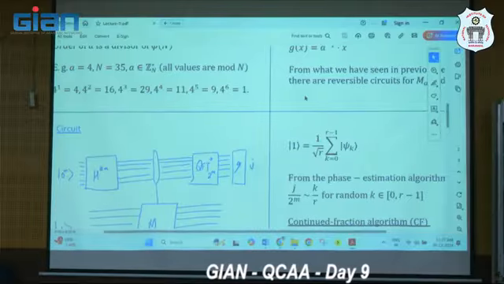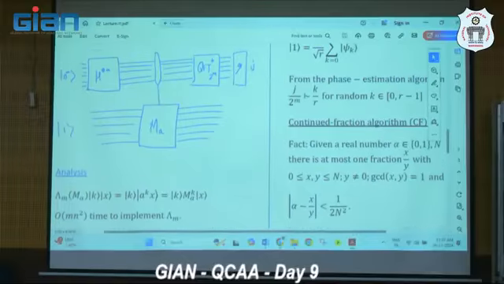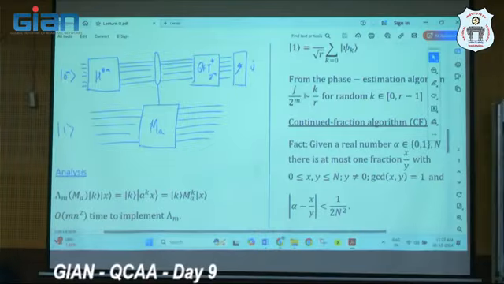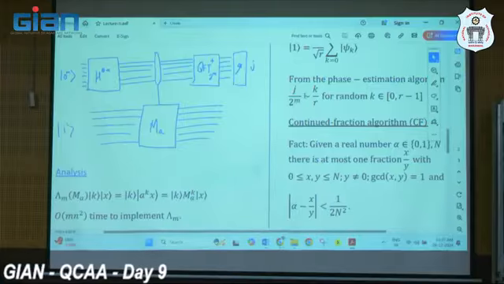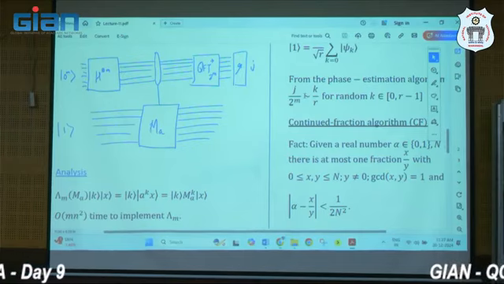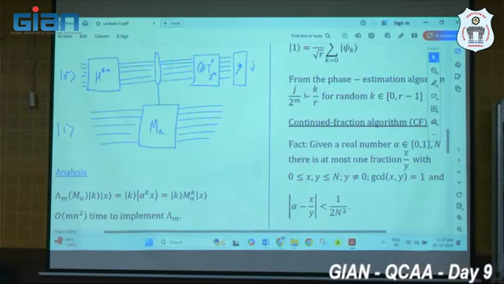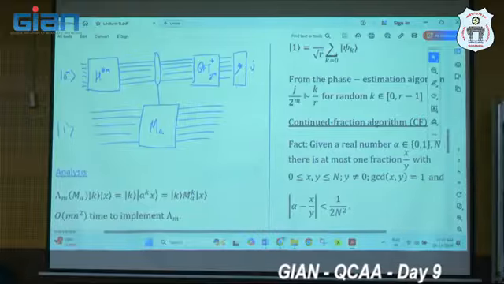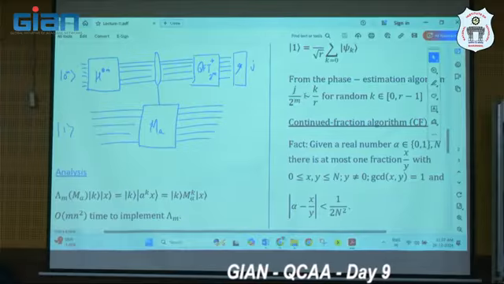So ket 1 is actually the number one written in binary notation using n bits. Got it? That is basically all zeros followed by a single one. Agreed?